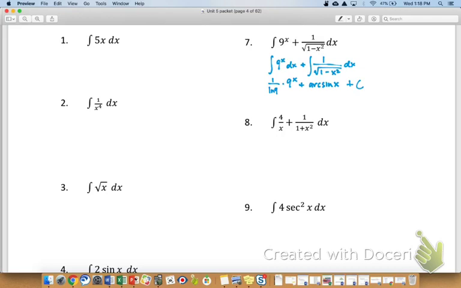Number 8. Number 8, again, we'd split this one up. 4 over x dx plus the antiderivative of 1 over 1 plus x squared dx. I get the 4 out of there.